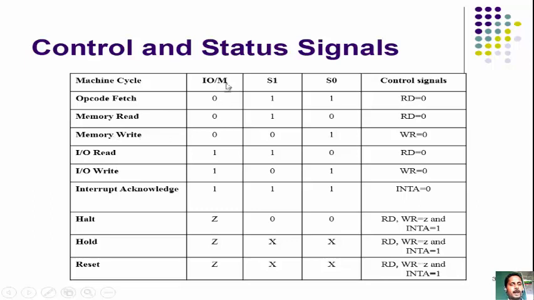In this case IO/M bar is again 0, S0 is 1, S1 is 0, and at that time the WR bar pin is 0. That is, the processor is busy in a memory writing operation. In other words, a data storing kind of operation.